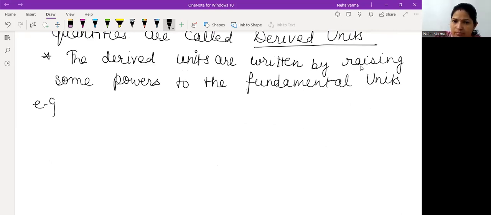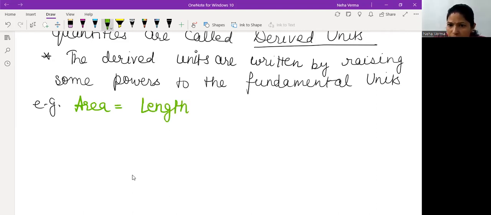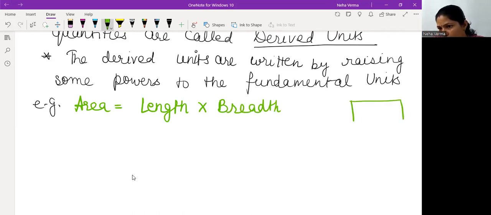For example, take area. What is area? Area is length into breadth. Suppose this is a rectangular shape. This is its length, this is breadth.